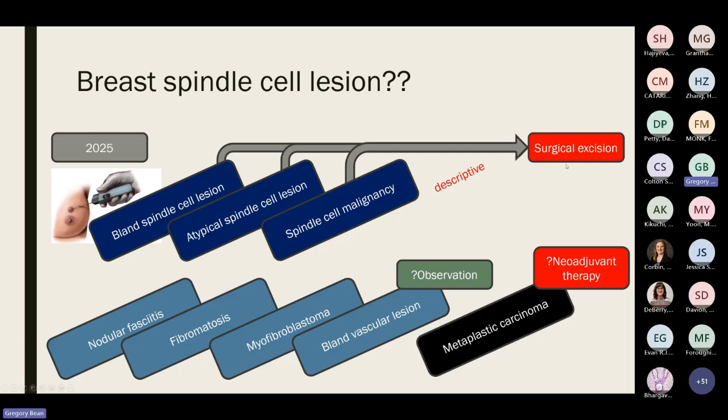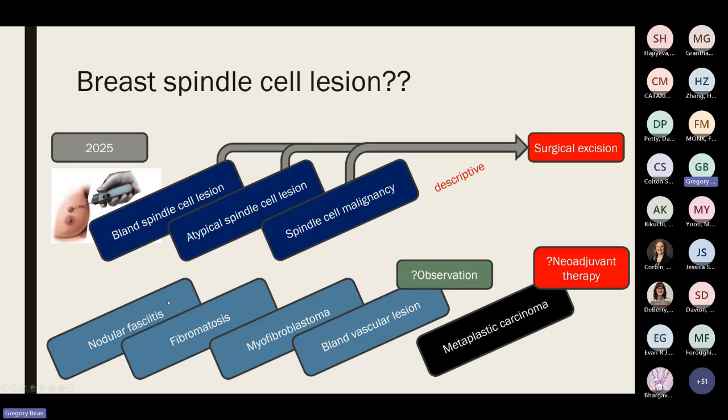The next step in those cases is appropriate surgical excision to get a more definitive diagnosis. But with a core biopsy and some additional ancillary testing, we may now be able to definitively diagnose some of these entities more commonly, and that can really affect management.